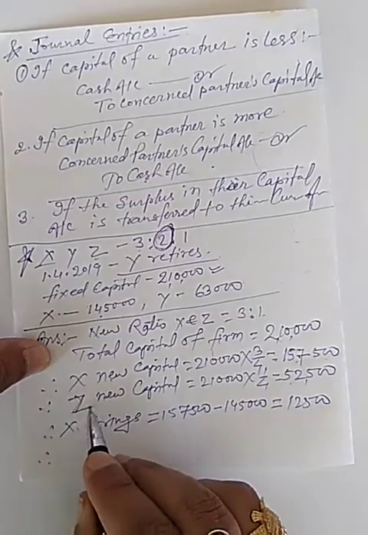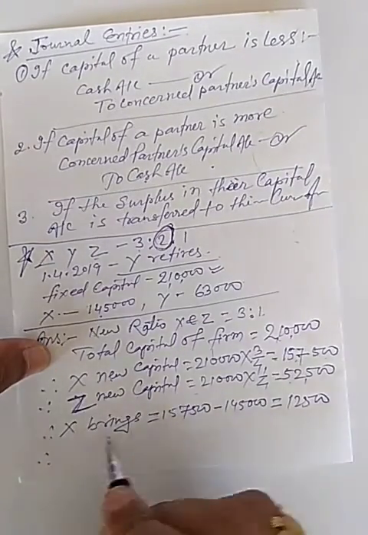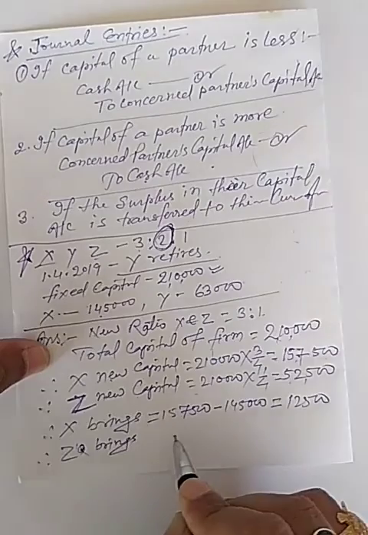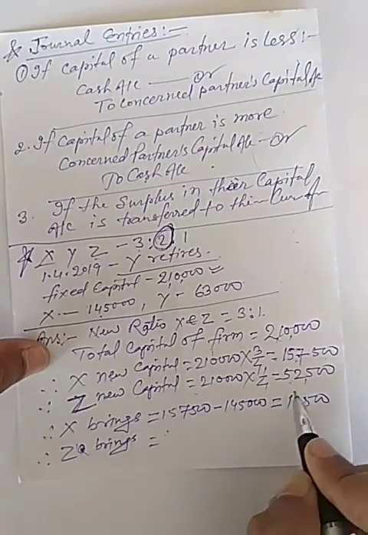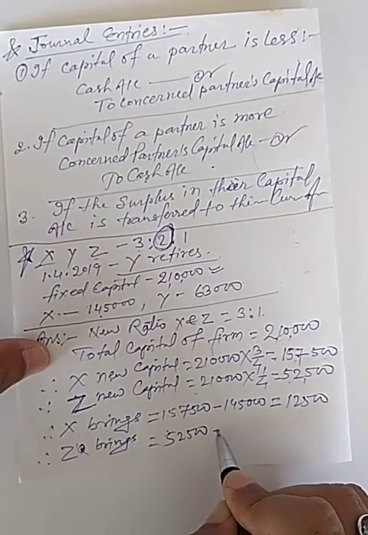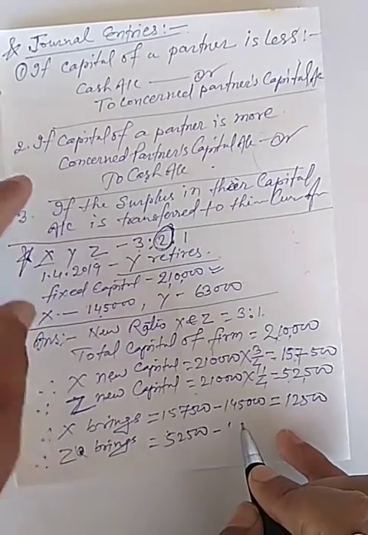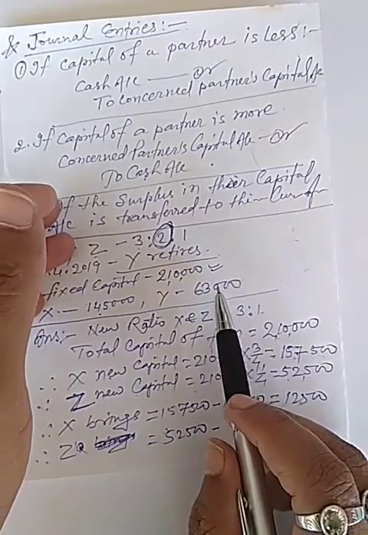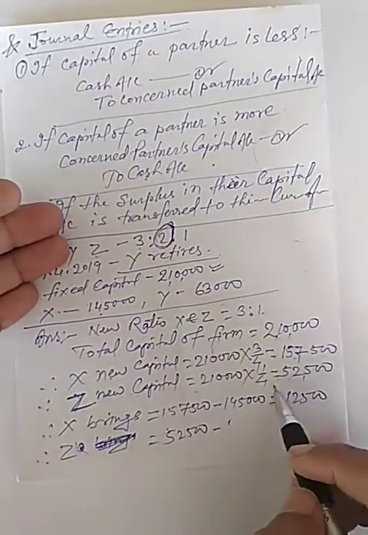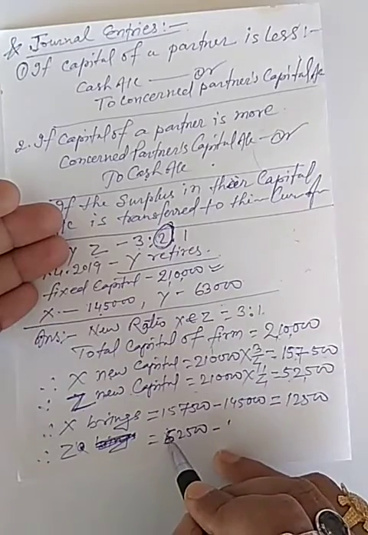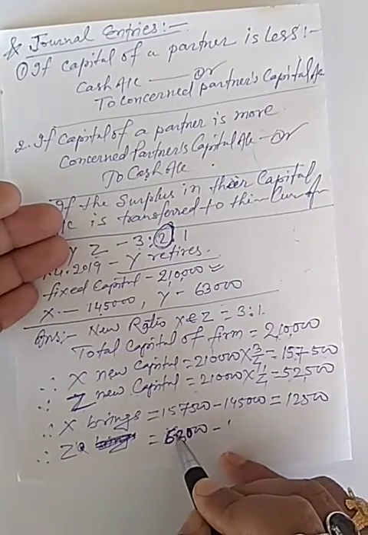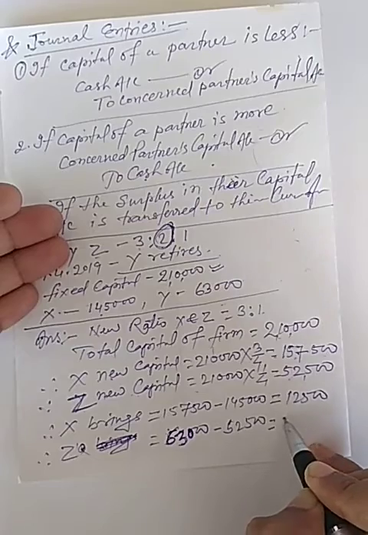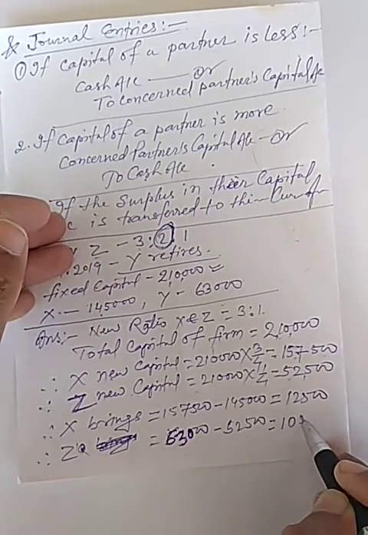And Z does not bring anything, because Z's capital is more than he has to keep, so it will be 63,000 minus 52,500, which is 10,500.